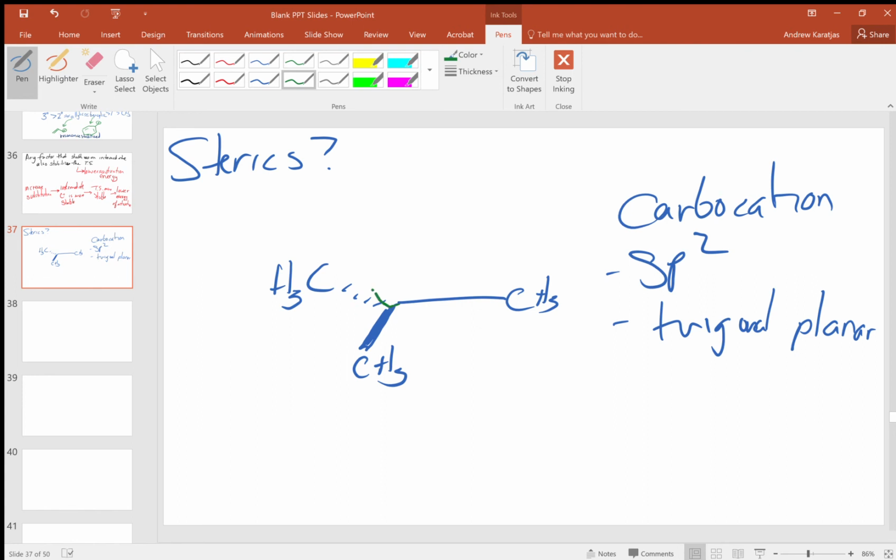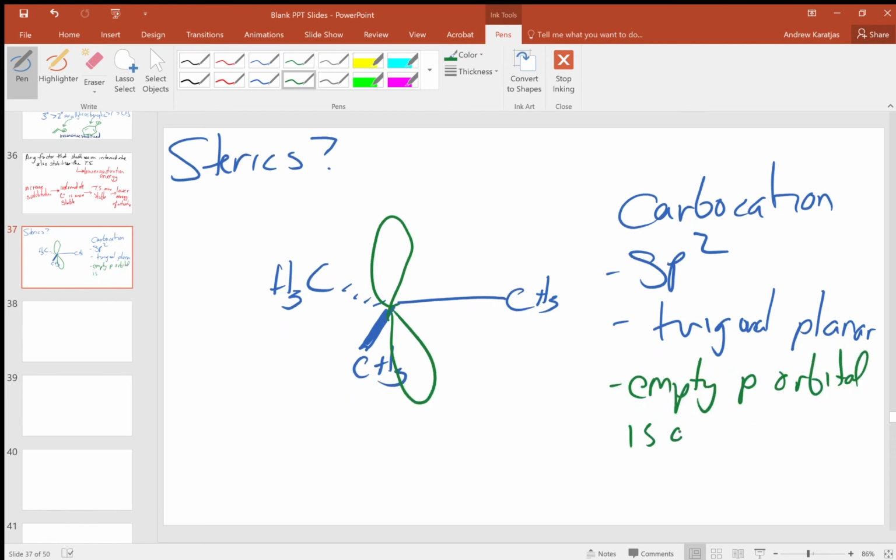That empty p orbital is above and below the plane where the substituents are.